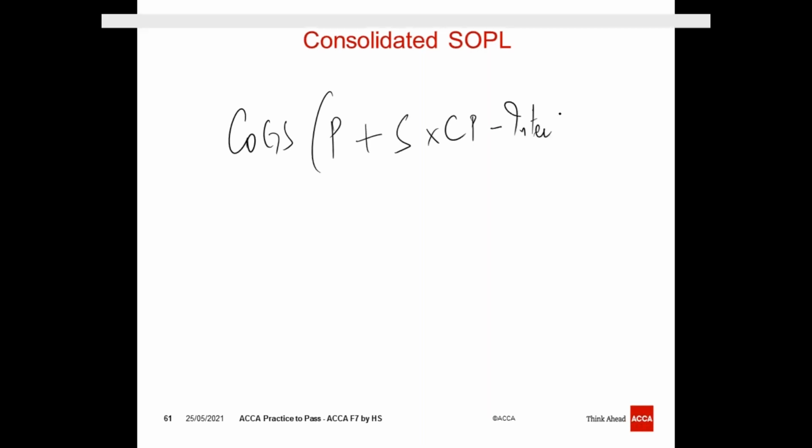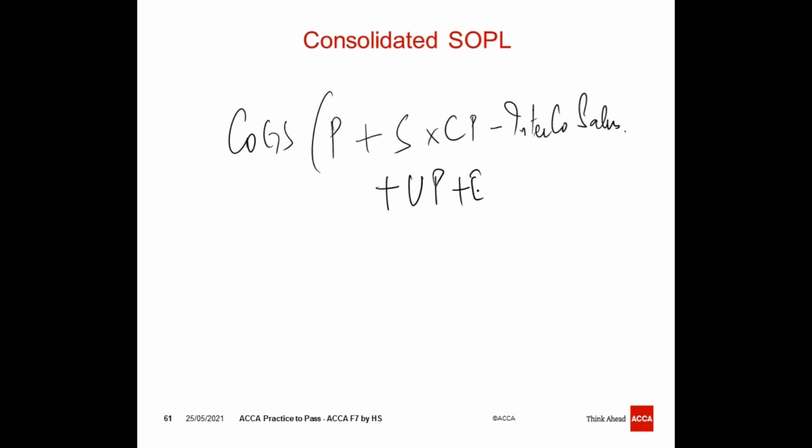The second thing is the cost of goods sold consolidated. First, the cost of goods sold of the parent plus subsidiary into controlling period if the time period is less than 12 months, minus intercompany sales, plus unrealized profit, plus excess depreciation, minus reversal of depreciation.